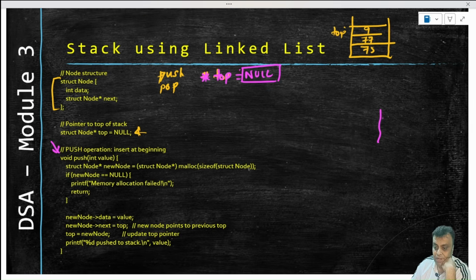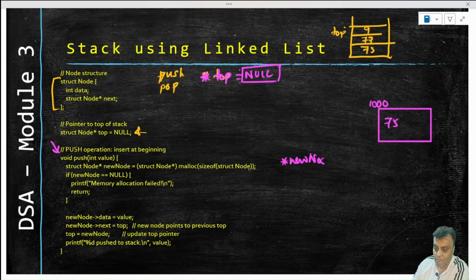So we will say, malloc, please give me a memory. Malloc is happy. It says, I'm giving you a memory, and this is the memory that you wanted. And in that memory, I will say that I want to put 75, and that memory is, let's say, at an address of 1000, and I will say that okay, I will put that inside new node, right?